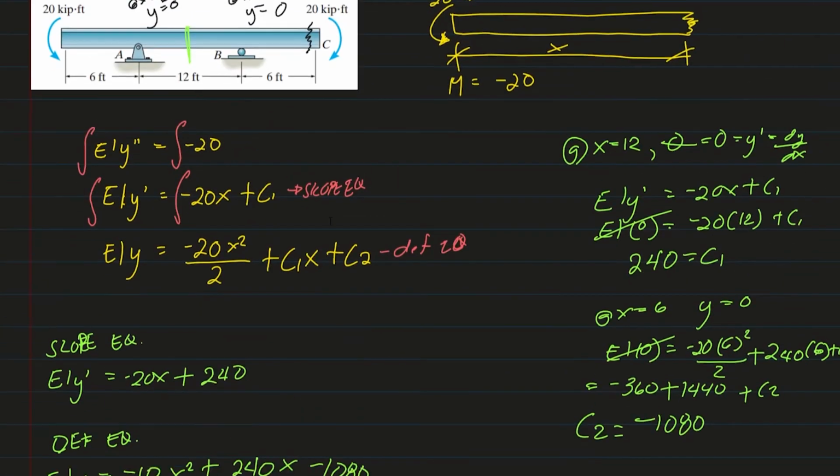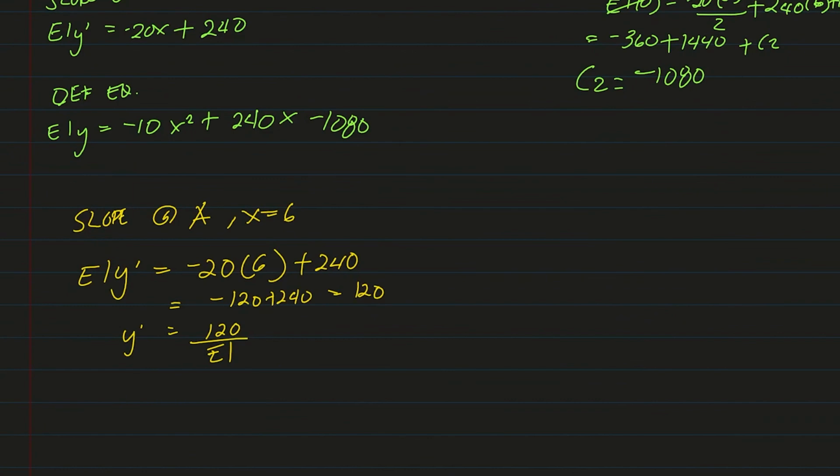So let's start when x is equal to 12. Let's solve for the y. We will use the deflection equation since we are solving for deflection. So, EI y is equal to negative 10 times 12 squared plus 240 times 12 minus 1080.